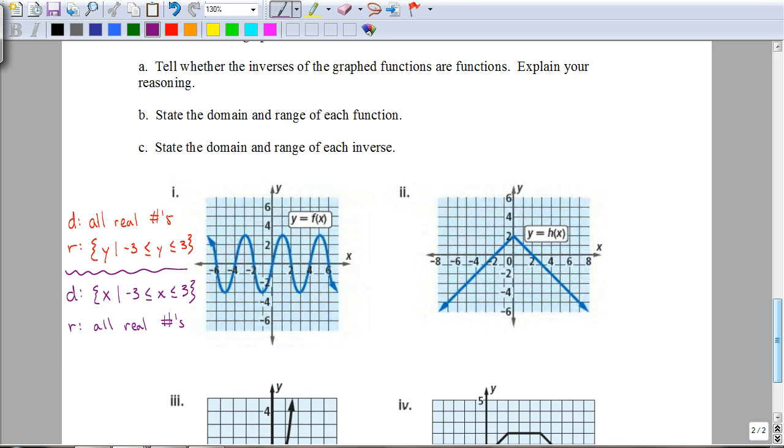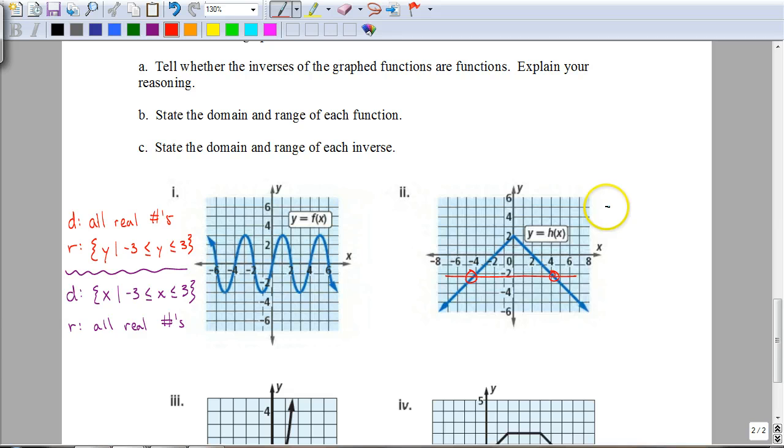So looking at graph number 2 here, this one, its graph is a function. To find if the inverse is a function, we draw a horizontal line, and sure enough, it goes through 2 points. So the inverse of this would not be a function. And if we wanted to find the domain and range, we do the same thing that we did here.